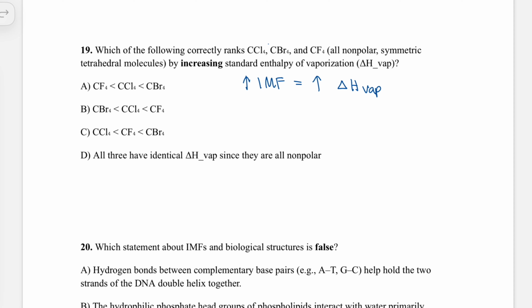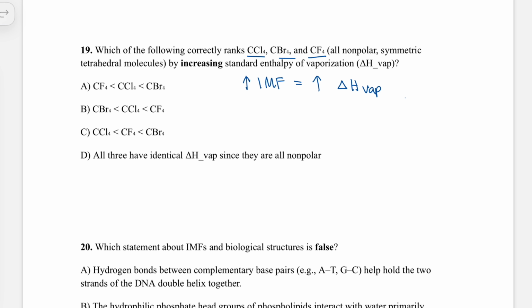And once again, there's no hydrogen bonds, right? Because we don't have any H attached to any of these. They're all nonpolar, so we don't have dipole-dipole, and they're symmetric, so we don't have dipole-dipole. So all that matters is LDFs once again.